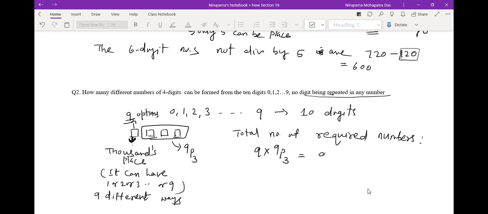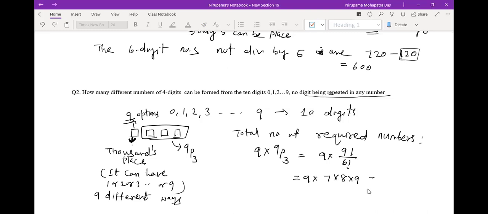Okay, so 9 into factorial 9 by factorial 6. nPr is equal to factorial n by factorial n minus r. So we can have here 9 into 7, 8, 9.